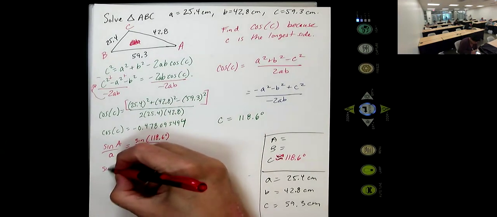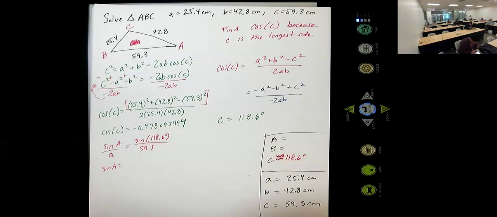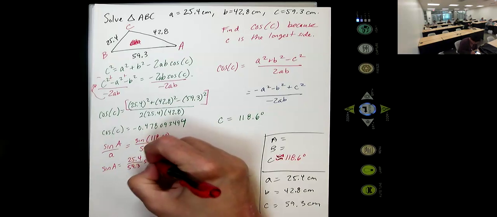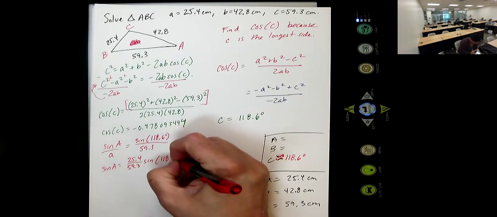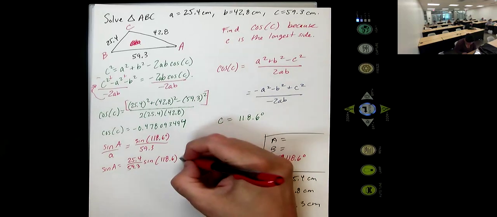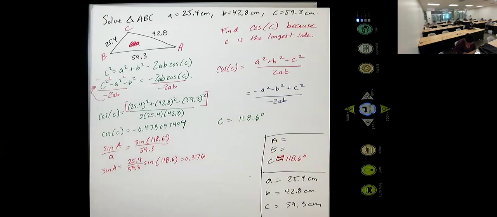So sine A is A, which is 25.4 over 59.3, times sine of 118.6. Multiply rather than divide by 59.3, giving 0.376. I do sine inverse.